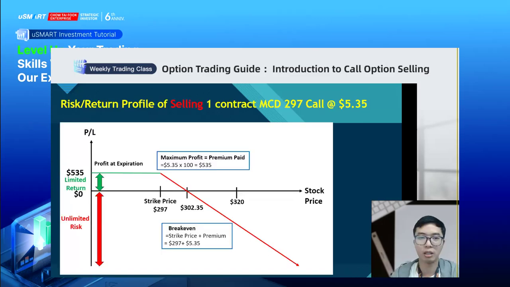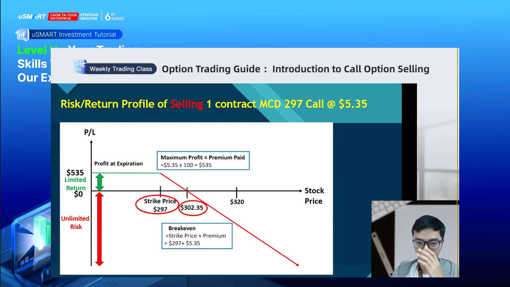All right. So this is the risk profile of selling one contract of McDonald's call at strike 297, at a cost of 5.35. I have explained this many times over the past 2 weeks, so we just do a fast refresher. We always start by plotting the chart with strike price 297, and the break-even price will be 302.35, because we receive this 5.35 premium and we don't want the price to go up.